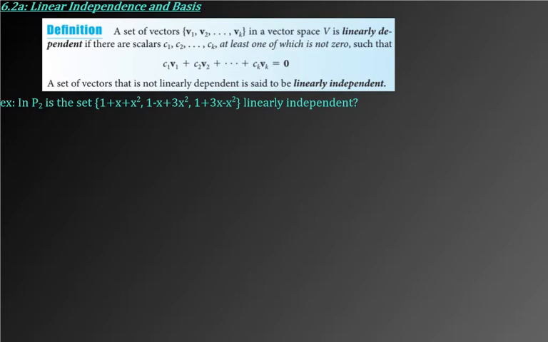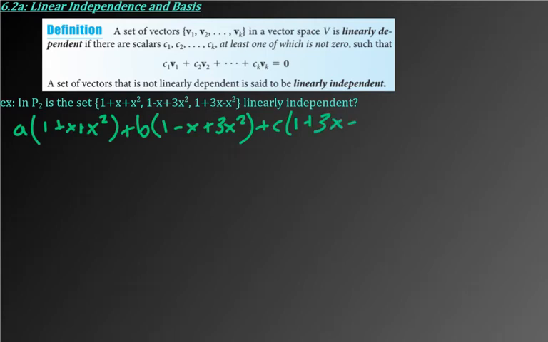And the way to do it is, honestly, to just think about these things as tables with numbers. It's really the tool that we've learned to solve these problems. One way you could do it is to come up with a times 1 plus x squared plus 2, b times 1 minus x plus 3x squared, plus c times 1 plus 3x minus x squared.